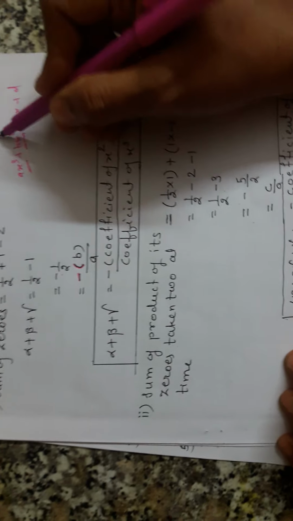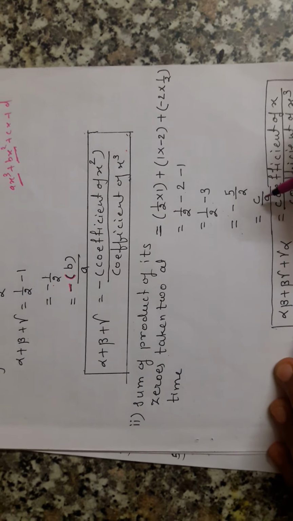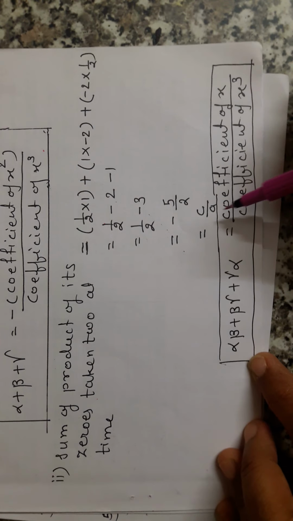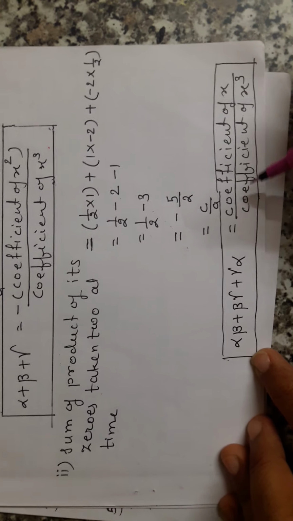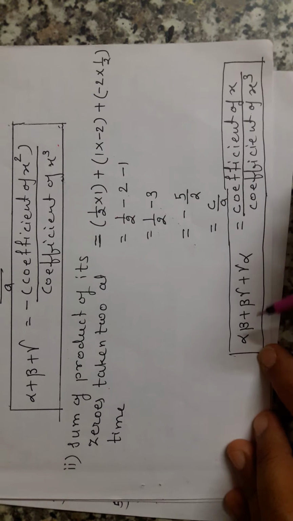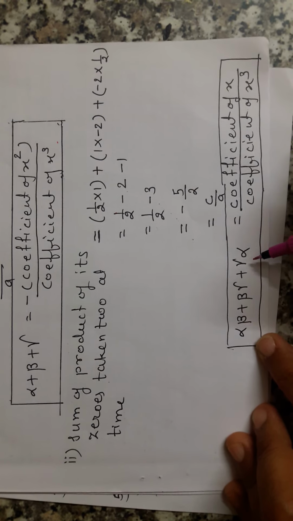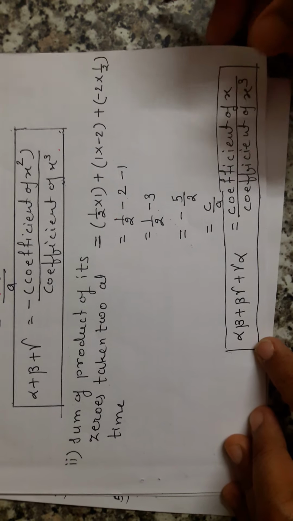Minus 5 is the value of c. In place of minus 5 we write c, and in place of 2 we write a. c is the coefficient of x and a is the coefficient of x cube. That's why we got the verification: alpha beta plus beta gamma plus gamma alpha is coefficient of x upon coefficient of x cube.